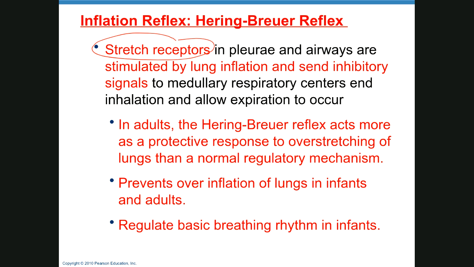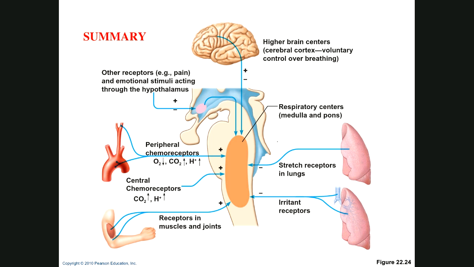This is called the Hering-Breuer reflex, and this is more a prevention of overstretching than anything else. However, in infants, it is a very important reflex. It's what regulates the basic breathing rhythm of an infant.